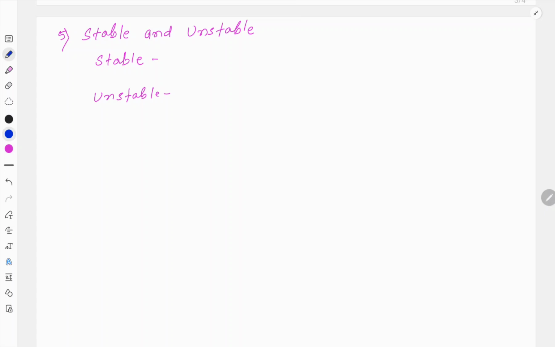A system is said to be stable if bounded input produces bounded output, and in short, these systems are called BIBO. Bounded input produces bounded output. If I apply a certain finite input to a system, my output should be a finite value. In such cases, the system is said to be a stable system.